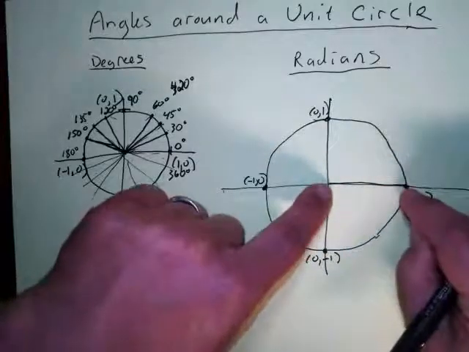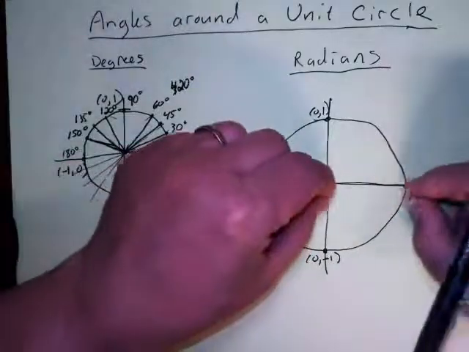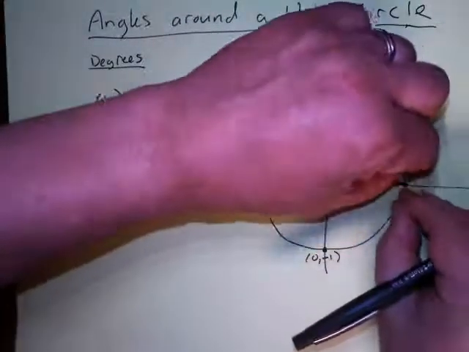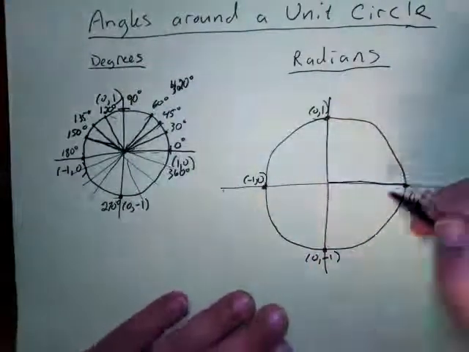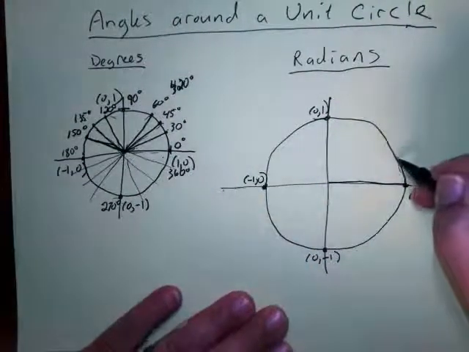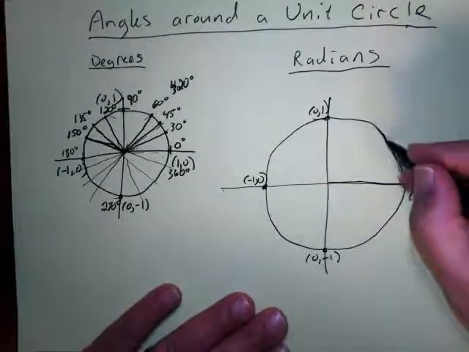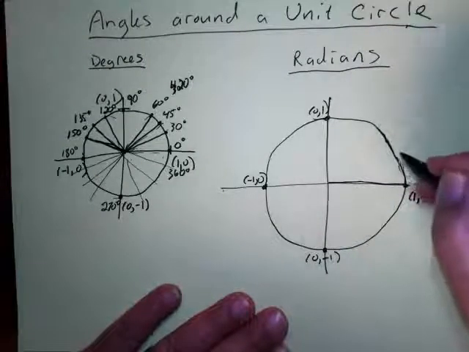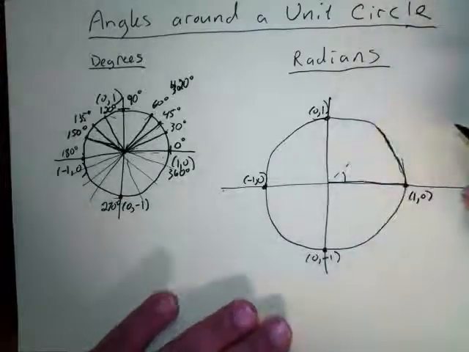Now if I took a string, and I wish I had a string or something that size, I could lay it along this length here, so that I would have about 1 radian, or 1 radius around this circle. And that would form an angle, right?